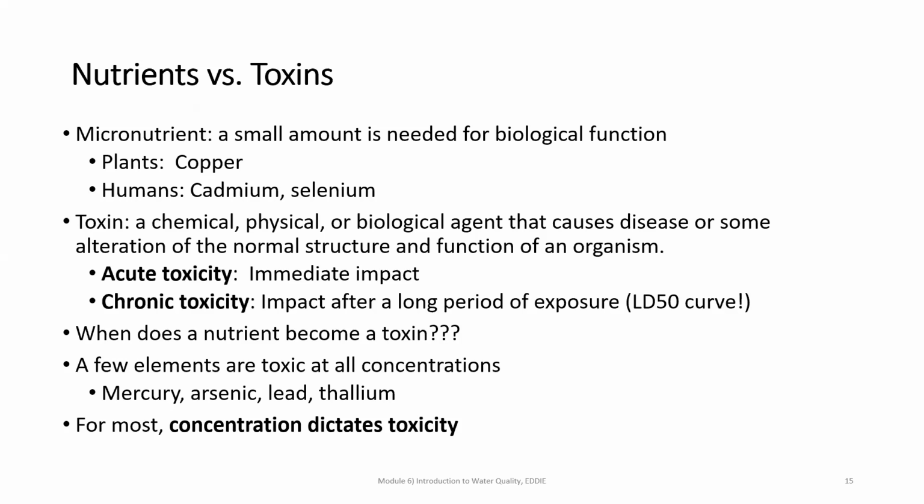There are a few elements that pretty much you should not eat ever, like mercury, arsenic, lead, thallium. All of these are pretty much toxic at a lot of concentrations. But for the most part, there is this curve for when something becomes toxic. So concentration is going to dictate toxicity, meaning certain concentrations will be toxic, others will not.